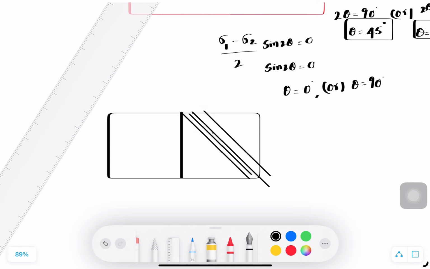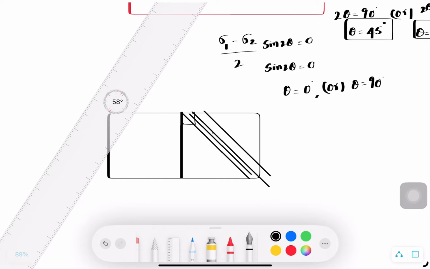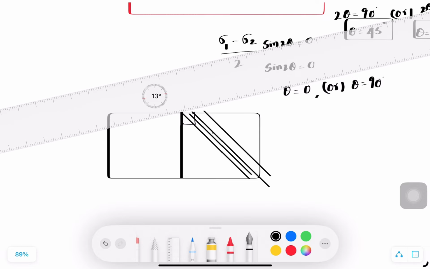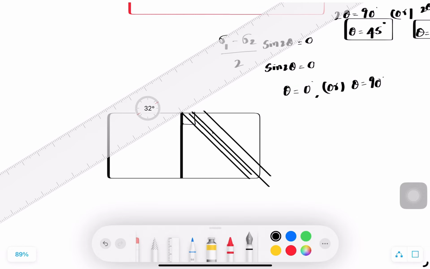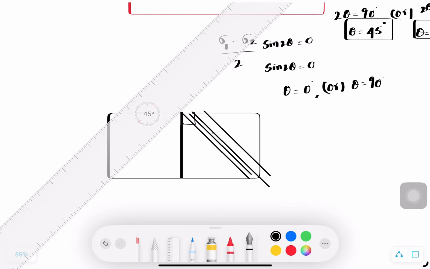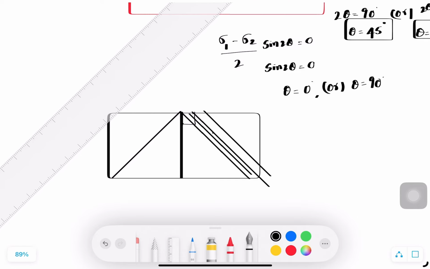So if this is rotation by 90 degree, after rotation by 90 degree it looks like this, and you just have to rotate another 45 degree to reach 135 degree. Like this. So on these planes the shear stress becomes maximum. These planes are going to experience the maximum shear.